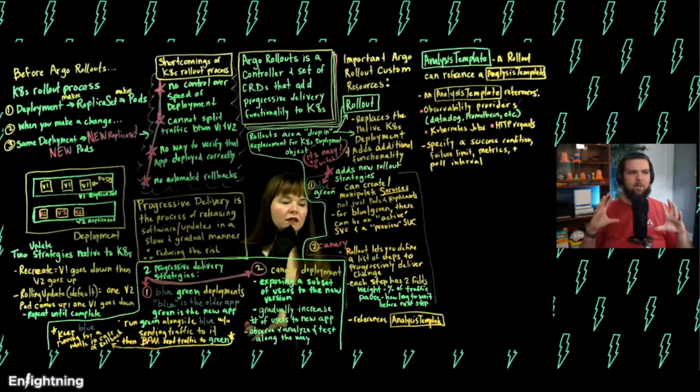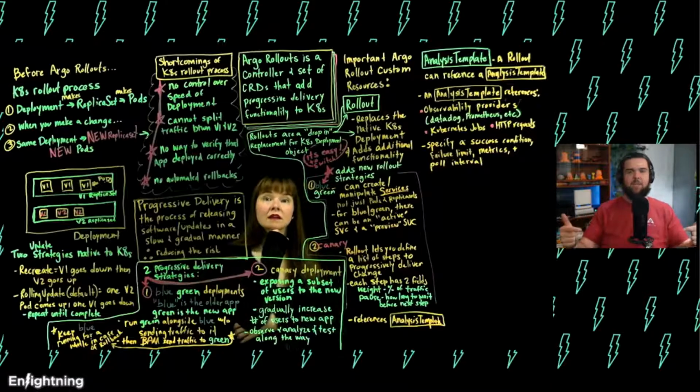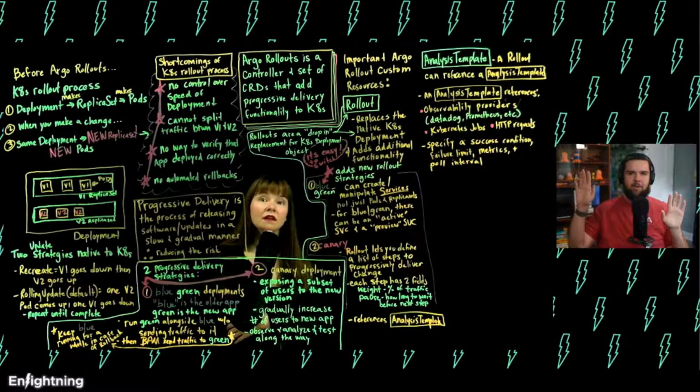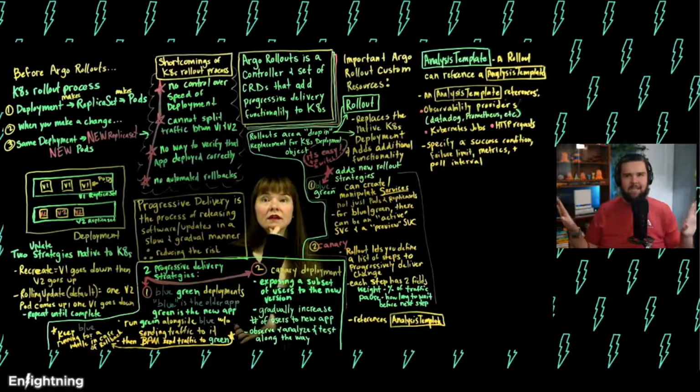You could run a background analysis, which during the whole progression of the canary, as it's going through all the steps, is running in the background outside of those steps, in tandem. You're going through your canary steps and also running your analysis alongside it. So it's not tied to any one step in the canary process. It's happening at the same time.